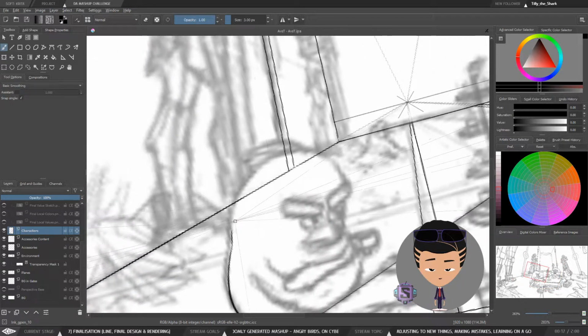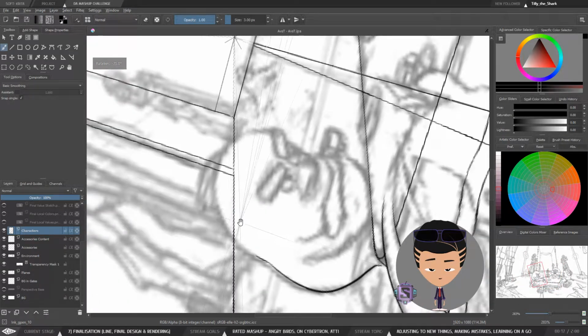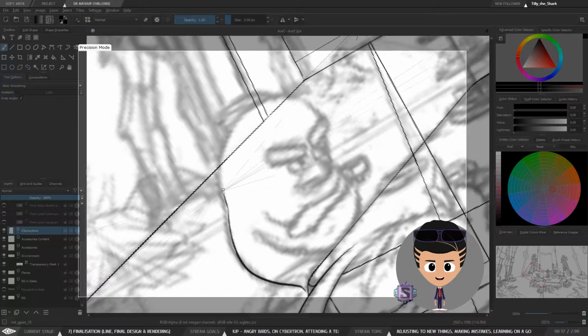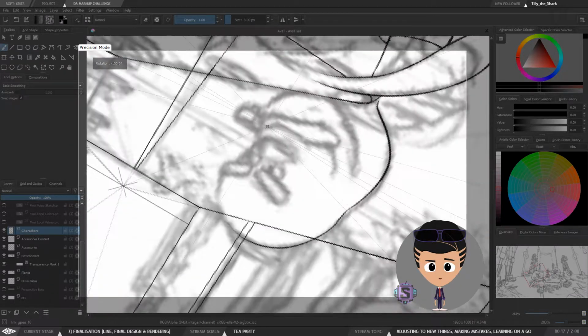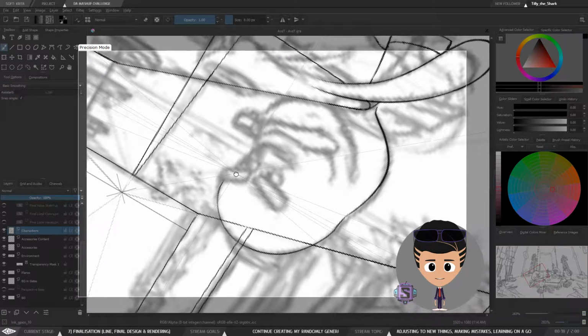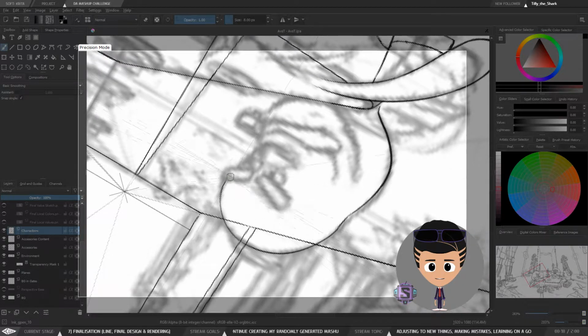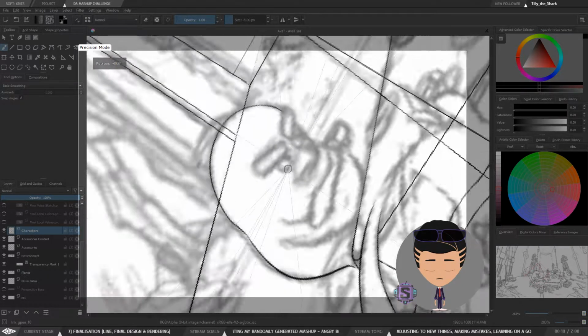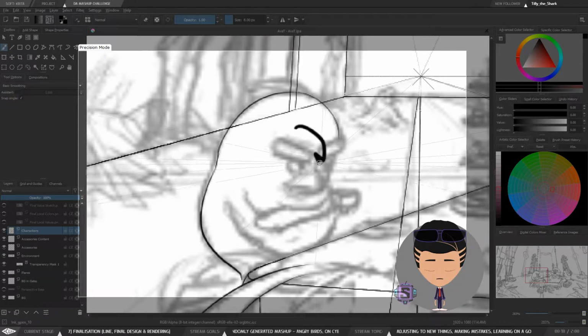No, let's just try to do it by hand. We have the ability to rotate canvas, so why not? Still want to stay close to what I drew before, but and of course we need to suggest that he is tilting his head a little bit in here.